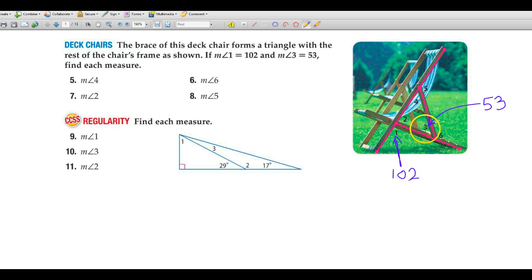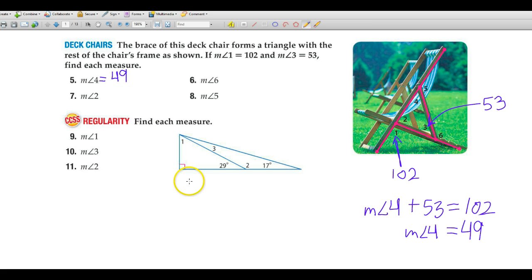So if we add 4 and 3 together, the measure of angle 4 plus the measure of angle 3, that should be equal to our exterior angle, which is 102. So if we subtract 53 from both sides, the measure of angle 4 would be equal to 49 degrees. So 49 degrees for that.